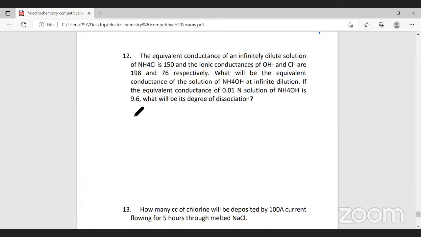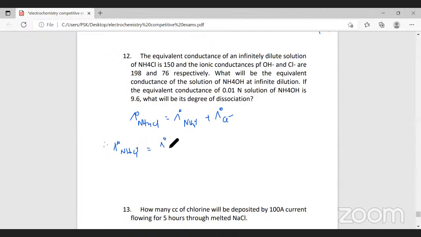So they have asked you, lambda naught of NH4Cl will be equal to lambda naught of NH4 plus, lambda naught of Cl minus. Therefore we can write lambda naught of NH4 plus will be equal to lambda naught of NH4Cl minus lambda naught of Cl minus.